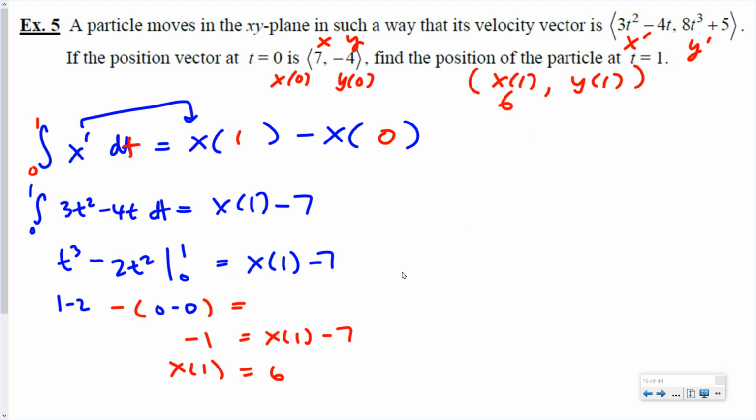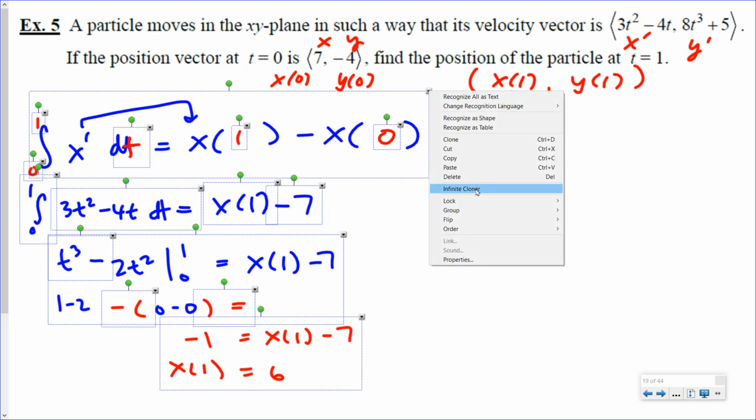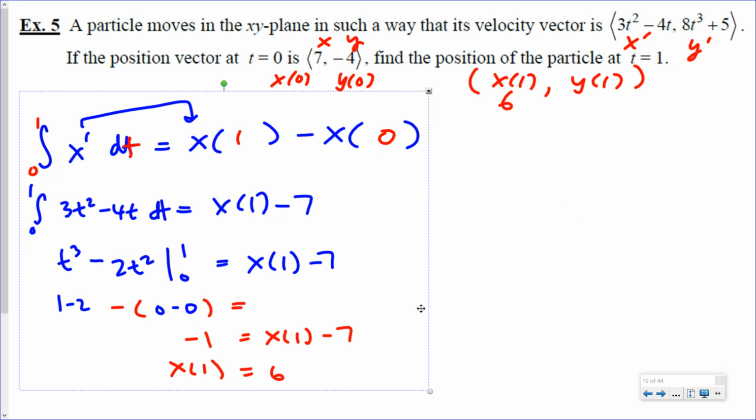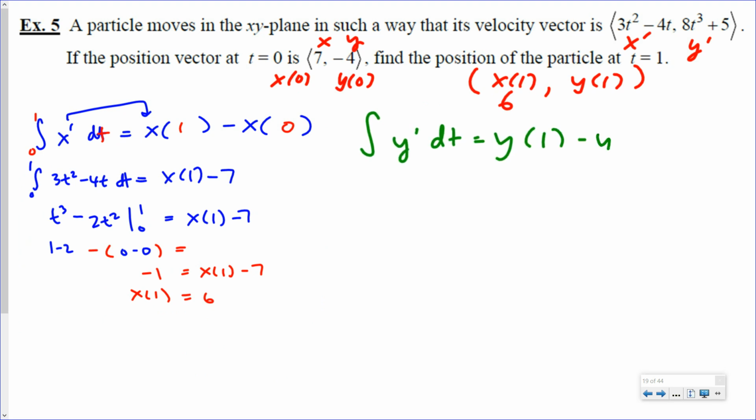I need to find my y1. And so all I do is the same thing for the y side. So you guys can do it. You guys work on your own, and I'll work on the board here. It's really the exact same formula.